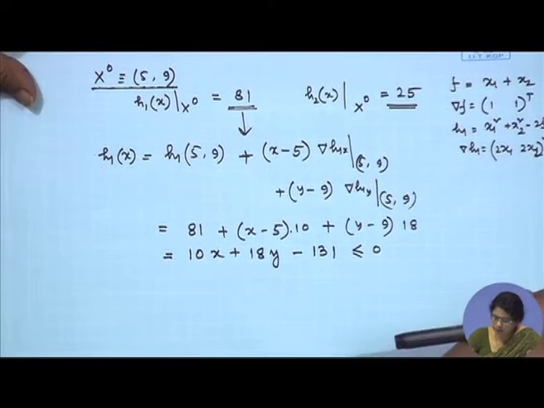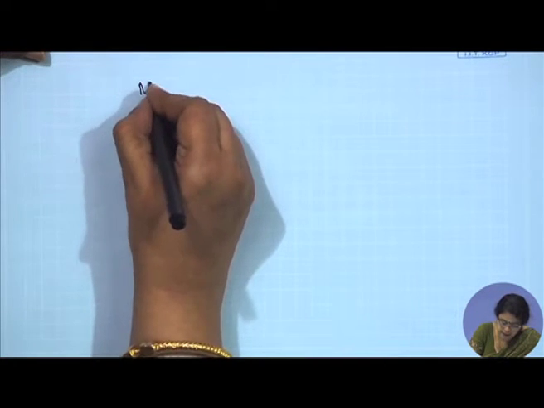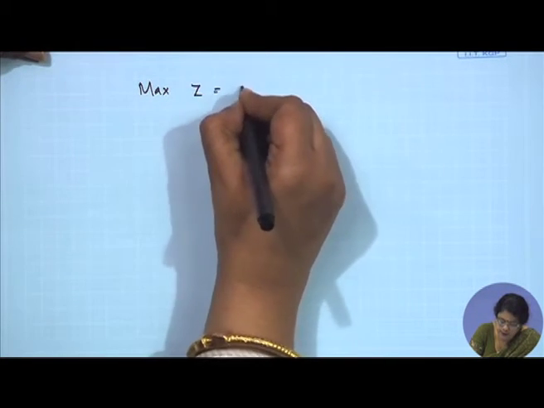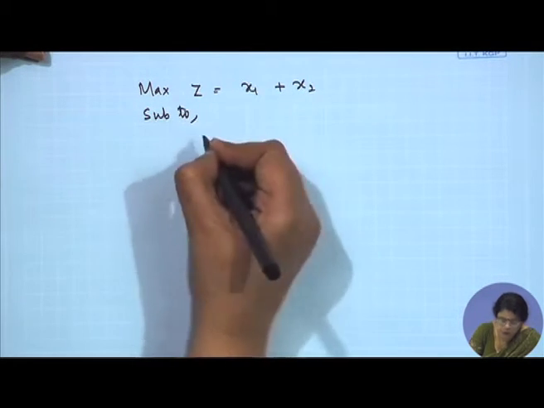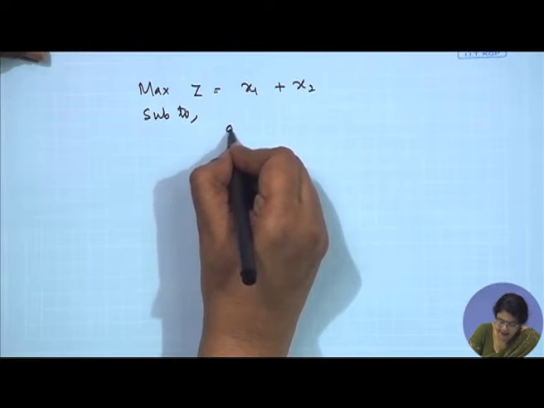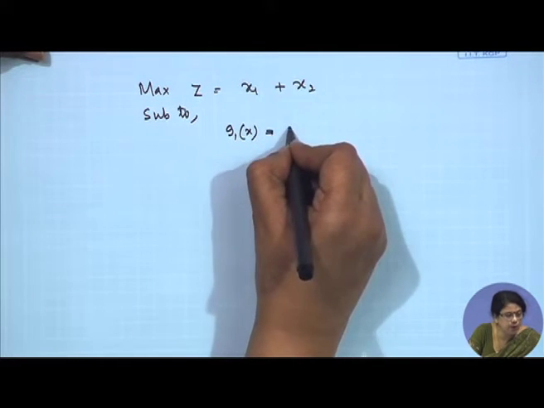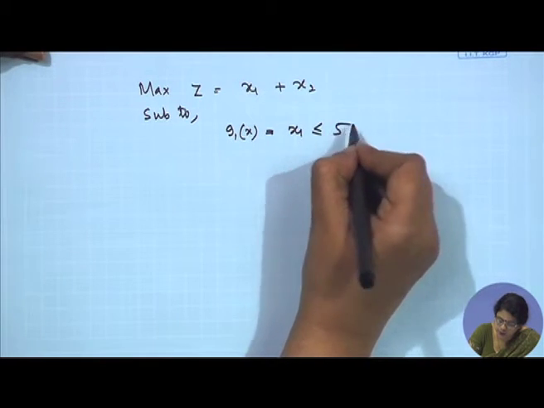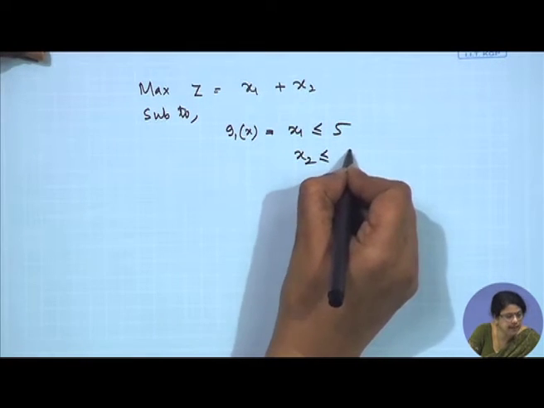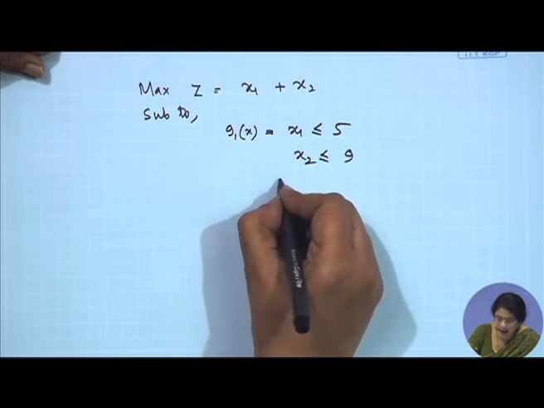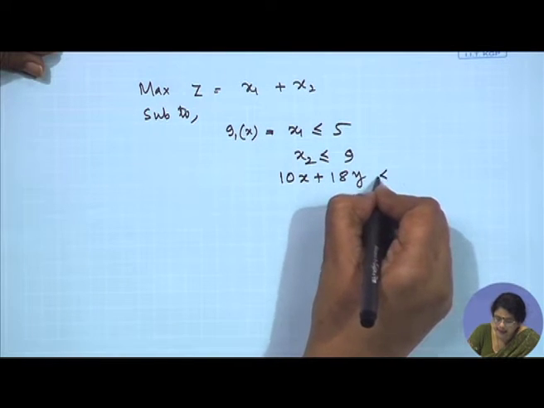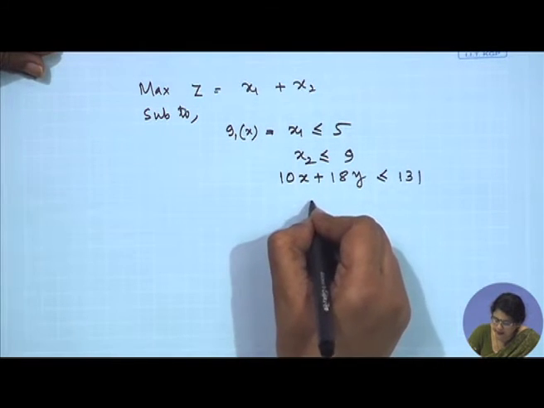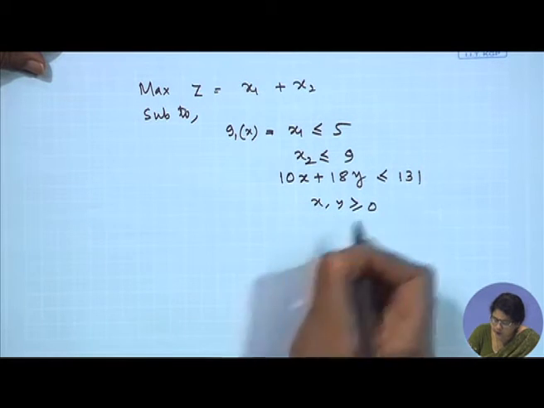That is why we will formulate the problem as maximization of z equal to x1 plus x2, subject to g1(x): x1 less than or equal to 5, x2 less than or equal to 9, and newly I will put 10x plus 18y less than or equal to 131, x, y greater than or equal to 0.